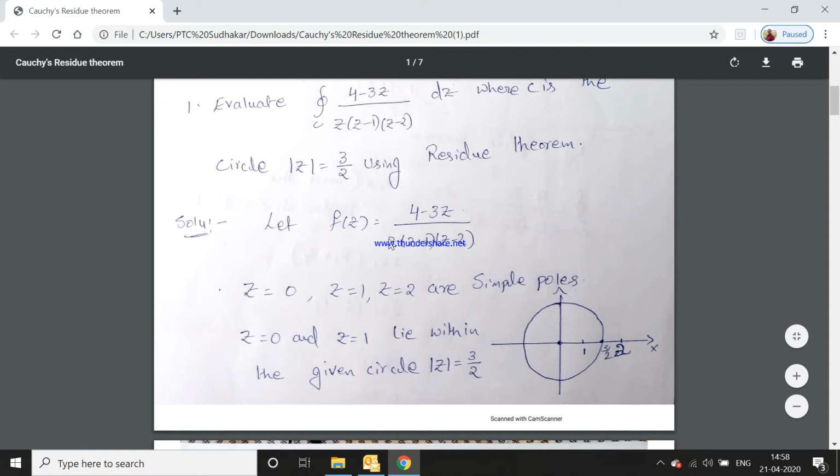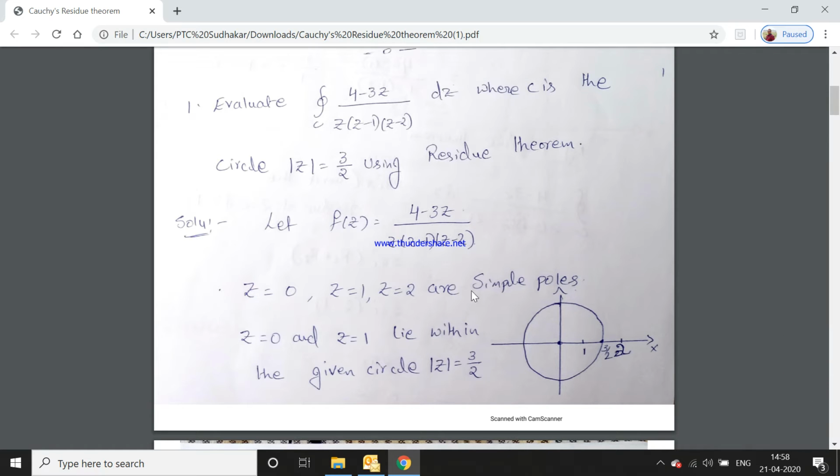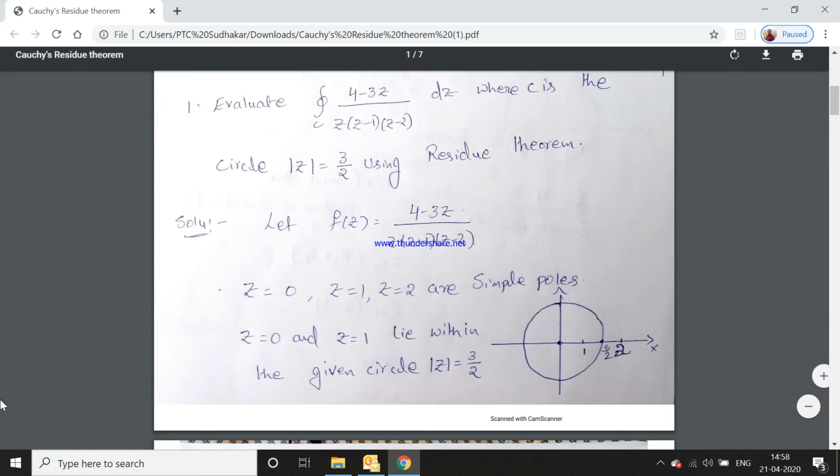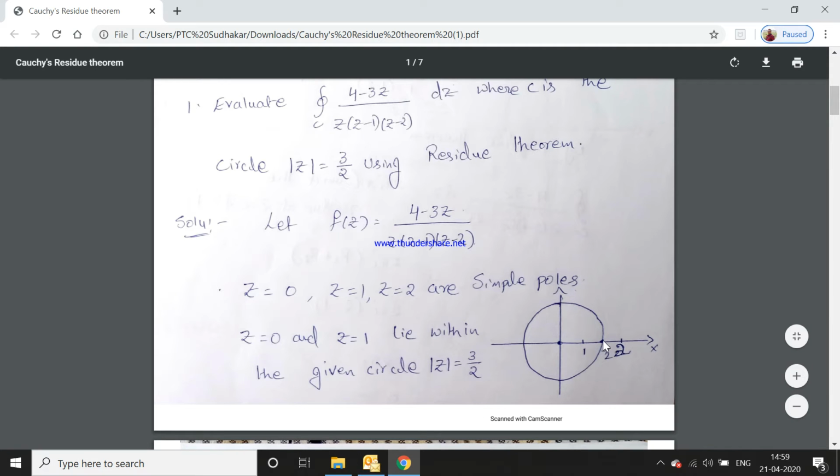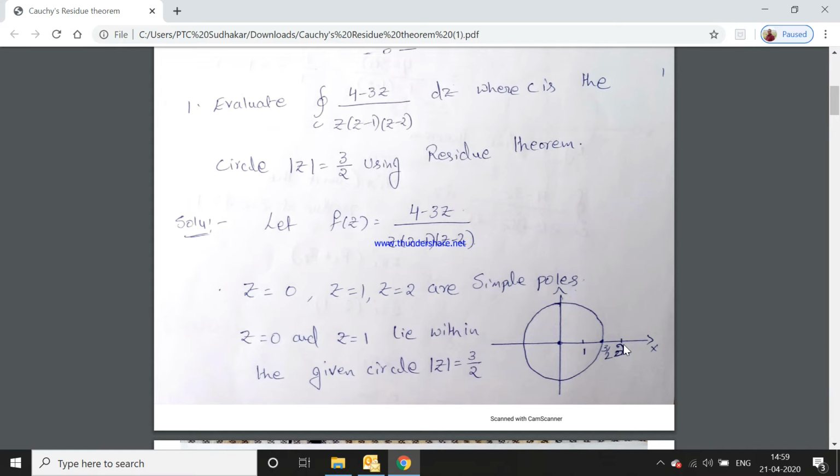These factor powers are 1, so each and every pole is a simple pole. z equal to 0 and z equal to 1 lie within the given circle mod z equal to 3 by 2, because the radius of the circle is 1.5. In this circle we have z equal to 0 and z equal to 1. These two points are inside and z equal to 2 is outside the given circle.